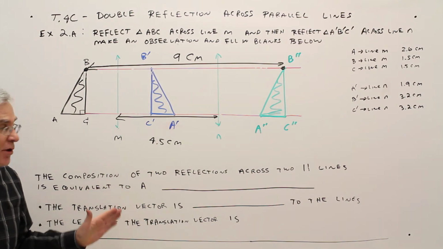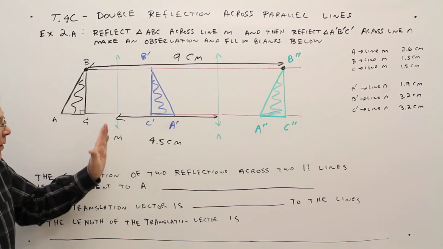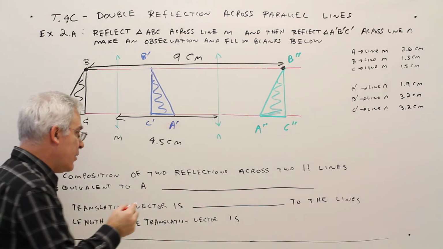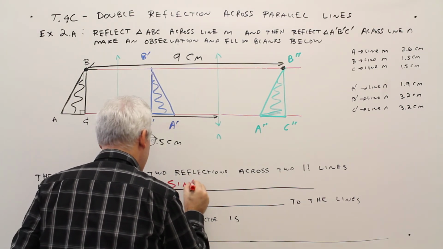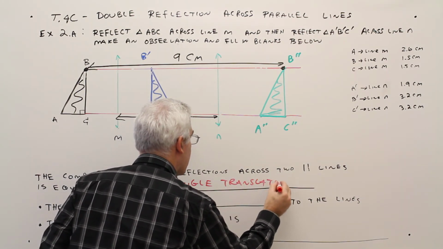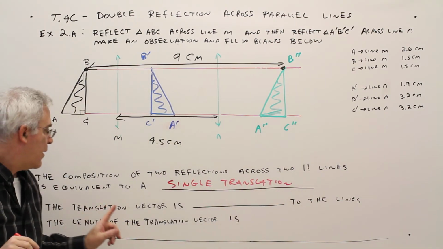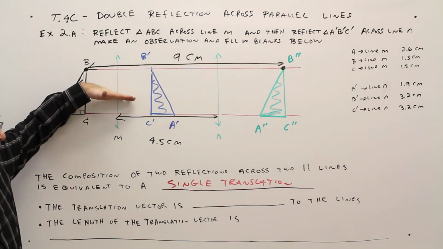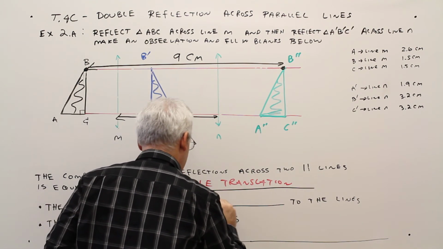The composition of two reflections across two parallel lines is equivalent to a single translation. The translation vector is perpendicular to the parallel lines.